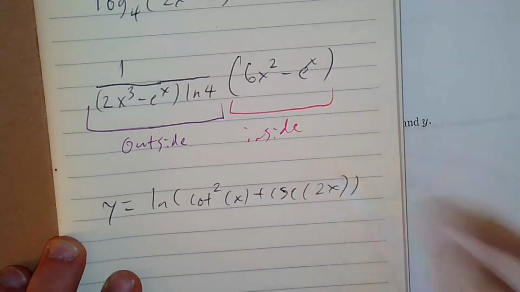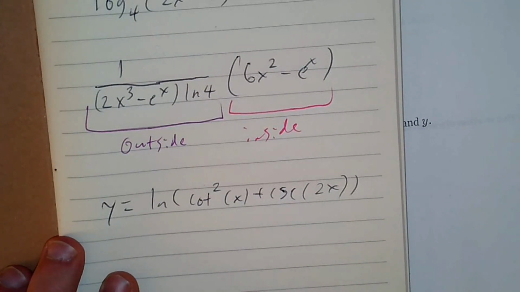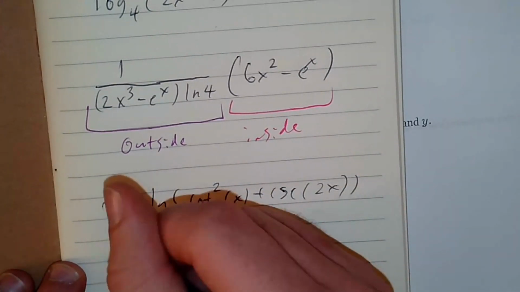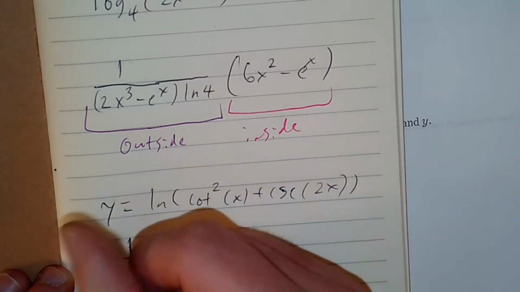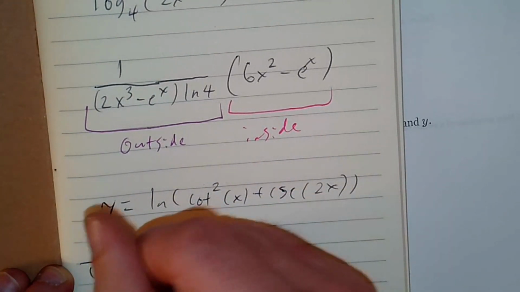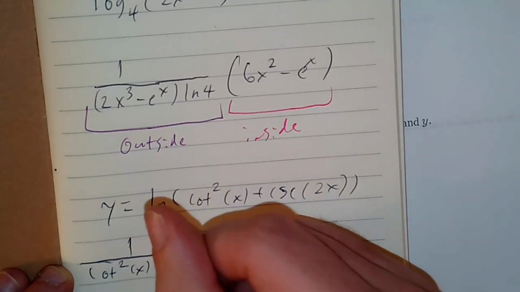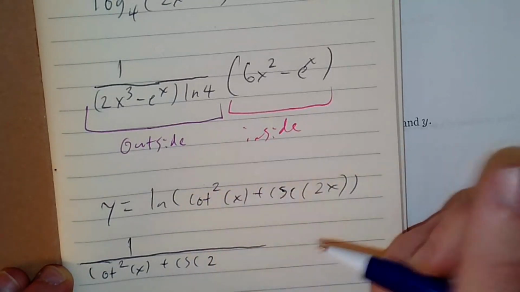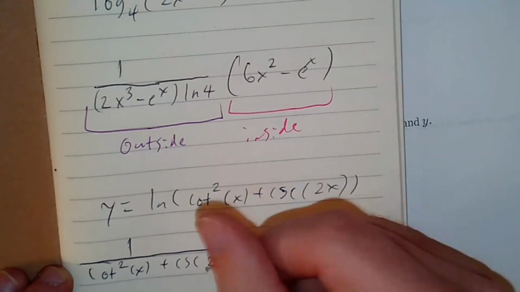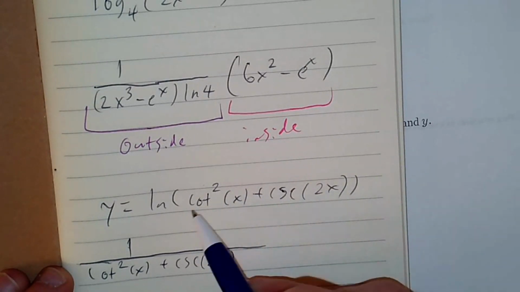Okay. So I'm taking this again. The derivative of ln is 1 over u, or 1 over x. So the outside of this is just going to be 1 over this whole thing, cotangent squared x plus cosecant 2x. Okay. And then we'll do the derivative of the inside now.